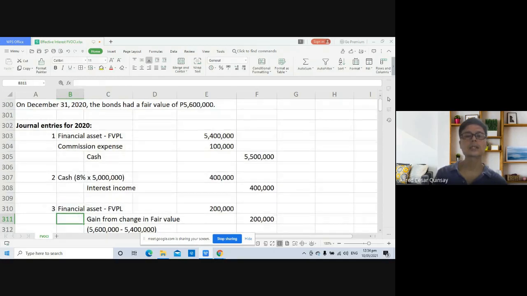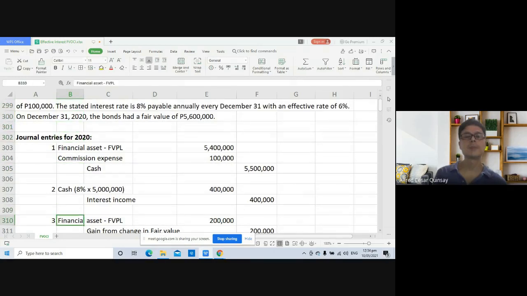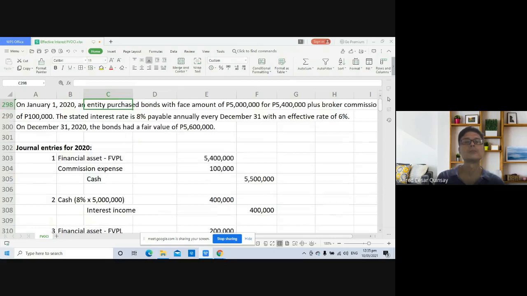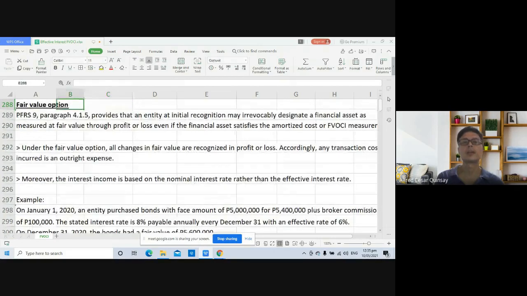And nung nagtaas yung kanyang value after 1 year from 5,400,000 to 5,600,000 is given here. So debit financial asset, FVPL for 200,000. So ito yung will reflect dun sa statement of financial position. Ito naman dun sa profit and loss, gain from change in fair value. Ayan. So ito yung characteristic nitong fair value option.